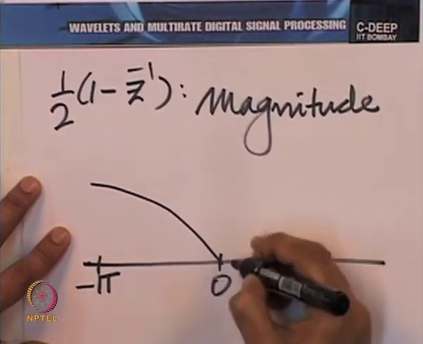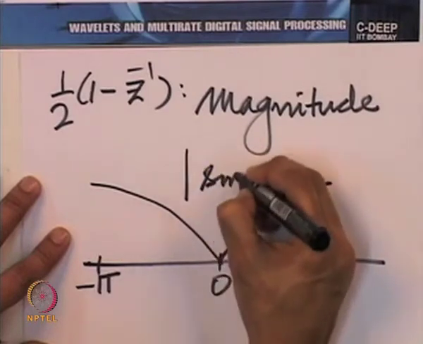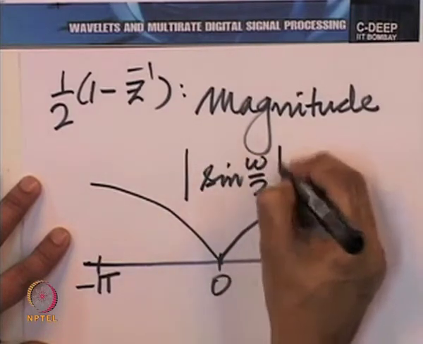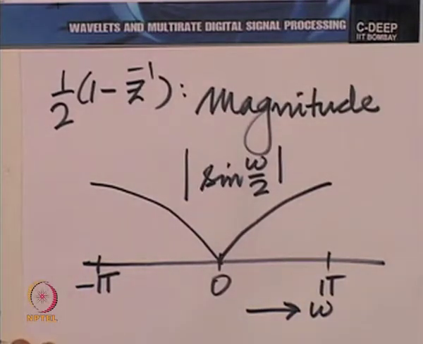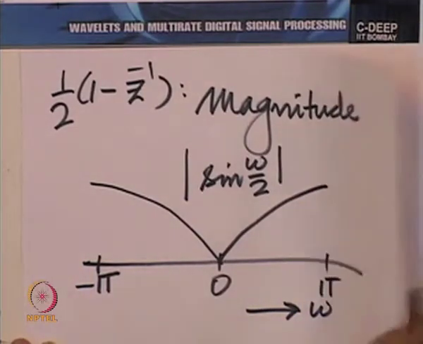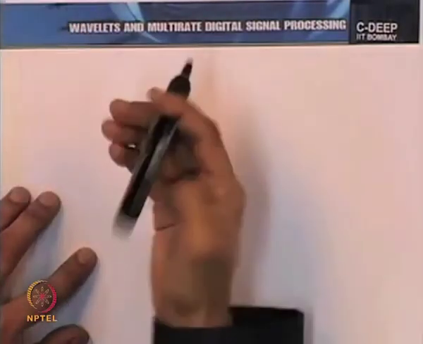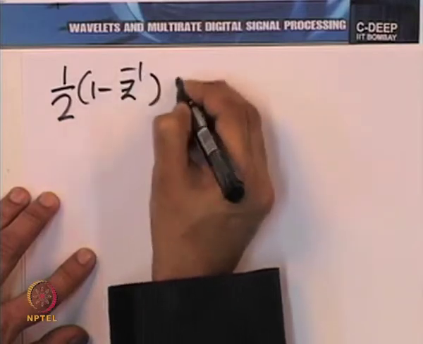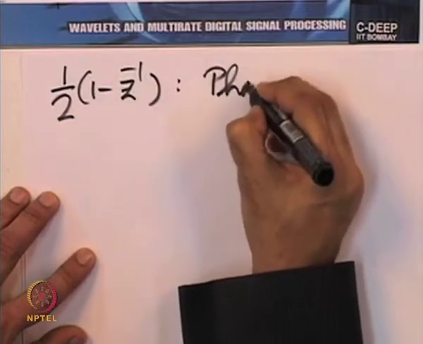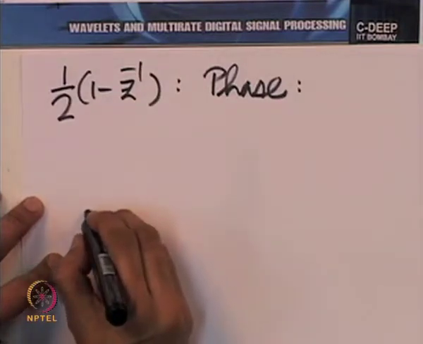Essentially a sine, mod sine omega by 2. And the phase response looks like this.